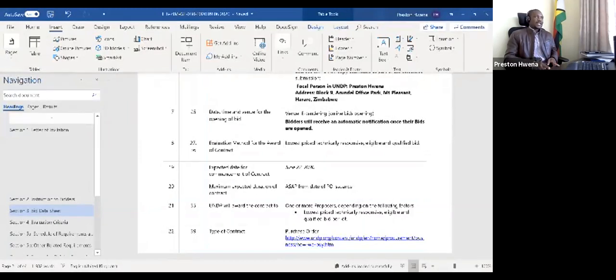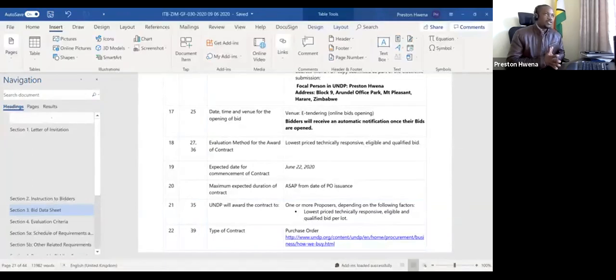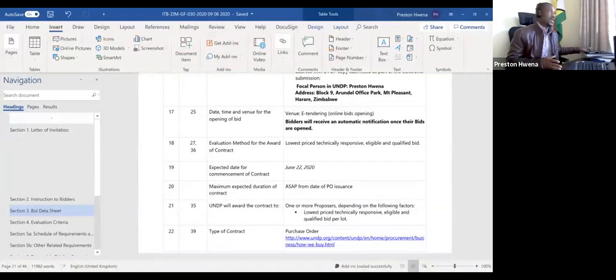The first strategy is where we look at your bid submission as a whole. We look at the documents that you have submitted, especially the mandatory documents. If all the mandatory documents have been submitted, then you pass what we call the preliminary evaluation. When we look at preliminary evaluation, there are various factors.